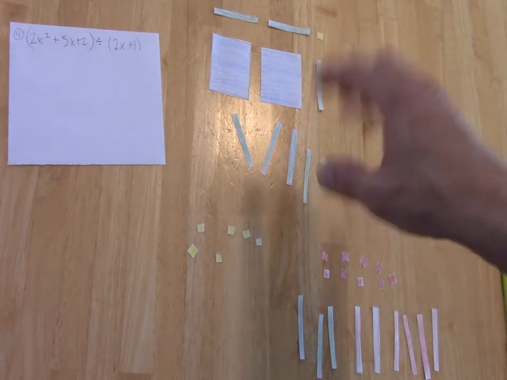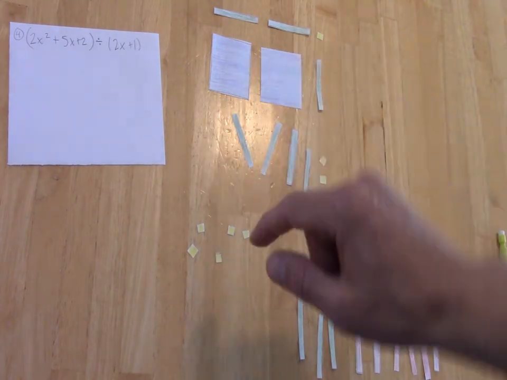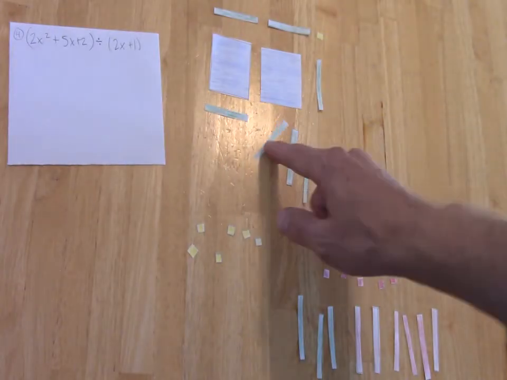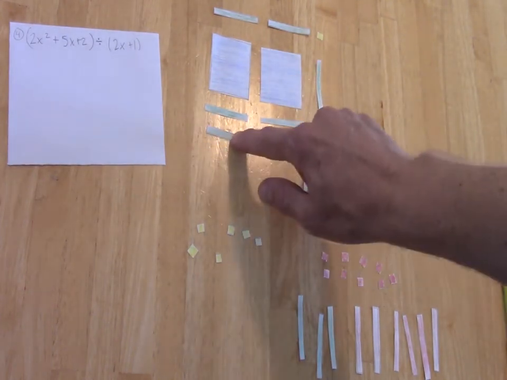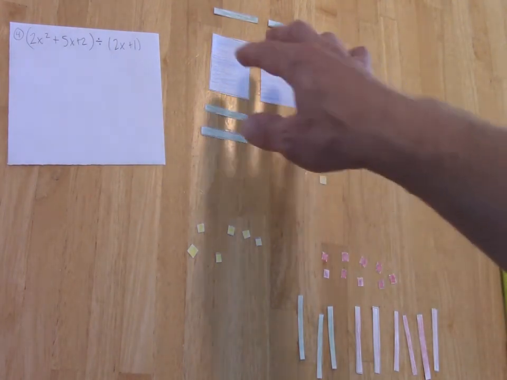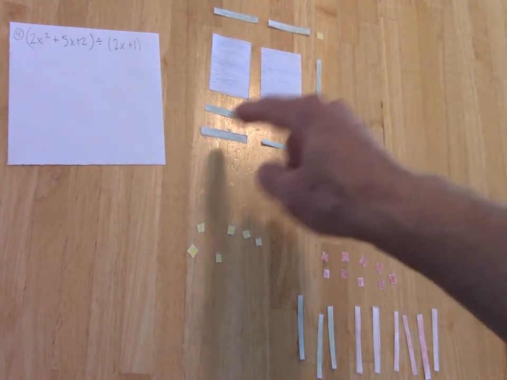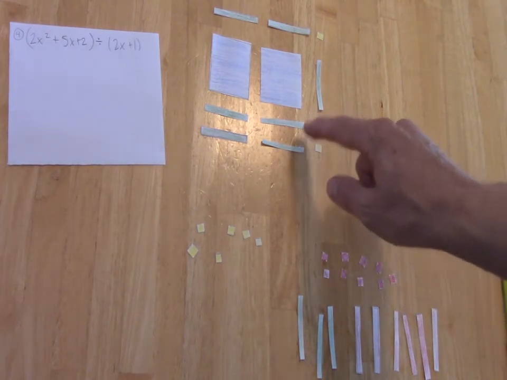The rest of my pieces here must fit down under my x squareds, and this is my x, and so I'm going to have to match them up. So the x bar length this way needs to match this way. So I have 4 of them. So to match the 2 groups here, I've put 2 and 2, and then I'm going to put the 2 units here to fill in the rectangle.